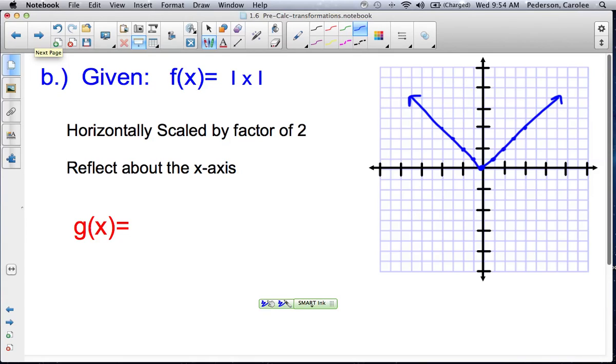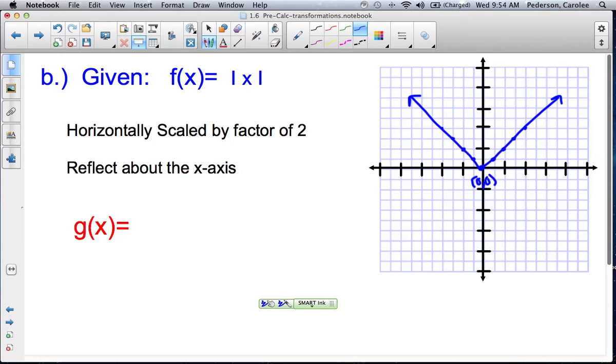And then we have 1, 1, 2, 2, 3, 3, 4, 4. If we go in the negative direction, we have negative 1, 1, negative 2, 2, negative 3, 3, etc. So there's the parent function.